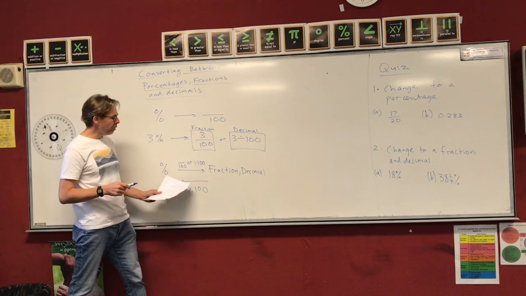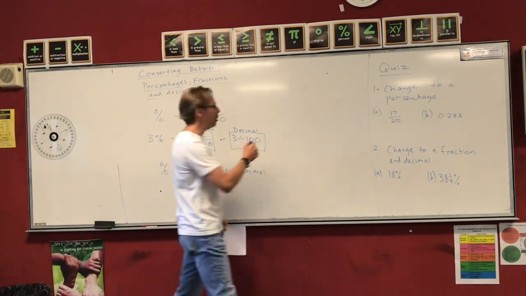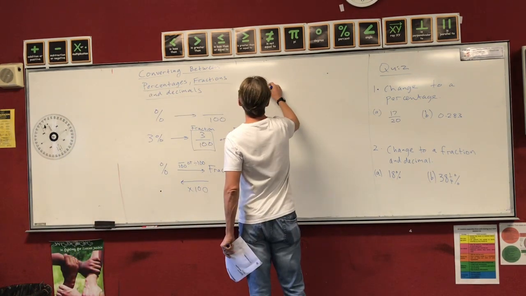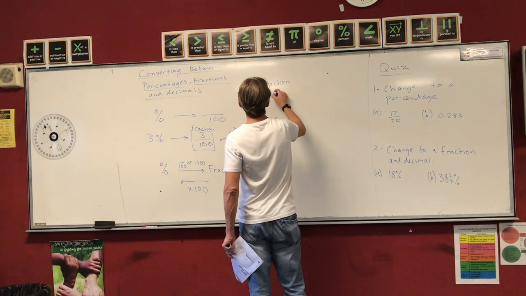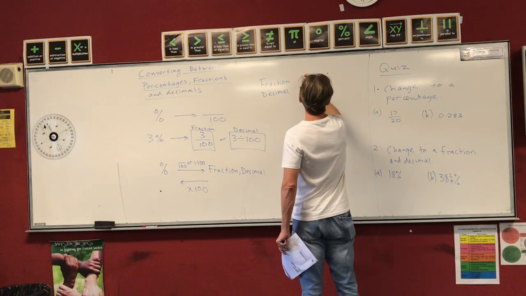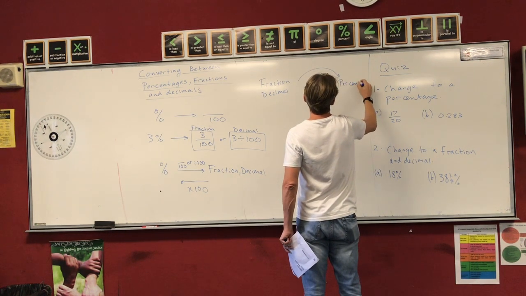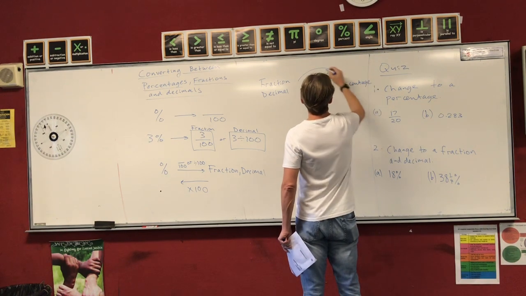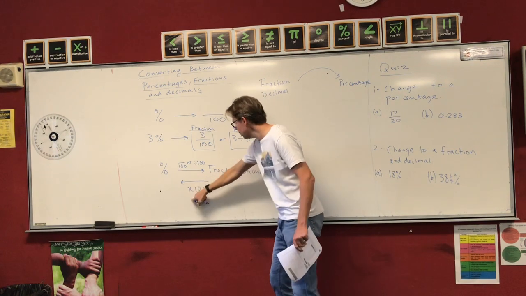Now last lesson I wrote that diagram down in the other way, so we could write the diagram like this. I could start with fraction or decimal first. I could put the arrow this way, to a percentage. And now, if we're going to write it the other way, fraction and decimal to percentage is times 100.